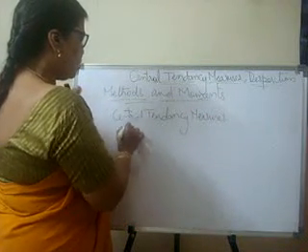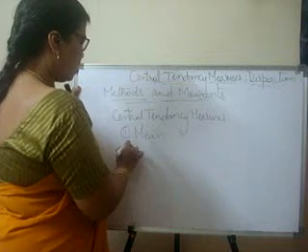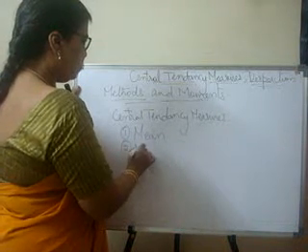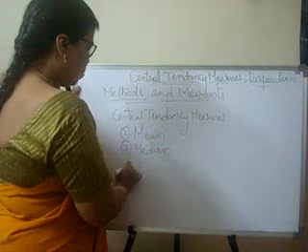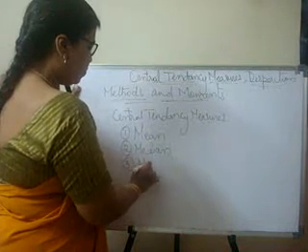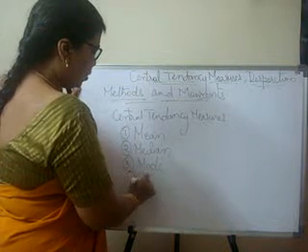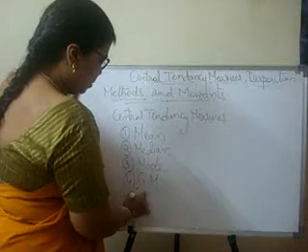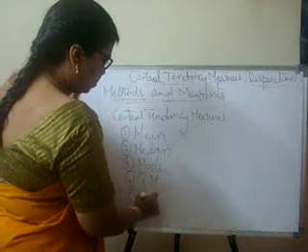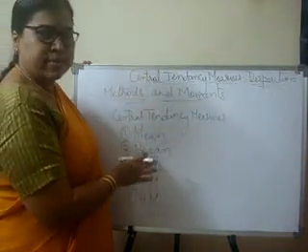Central tendency measures are mean, median, mode, geometric mean, harmonic mean. These measures are called central tendency measures.